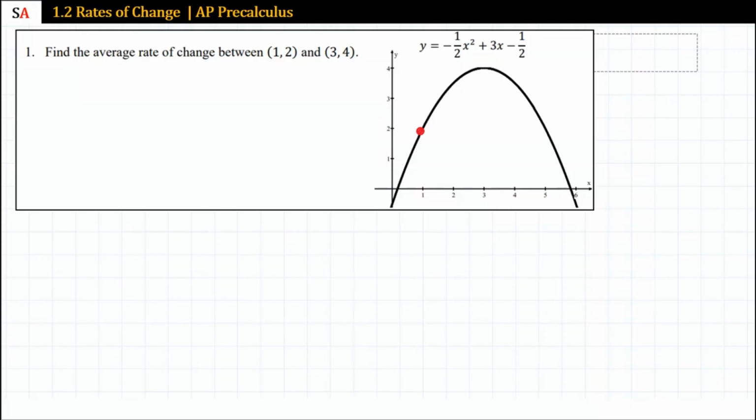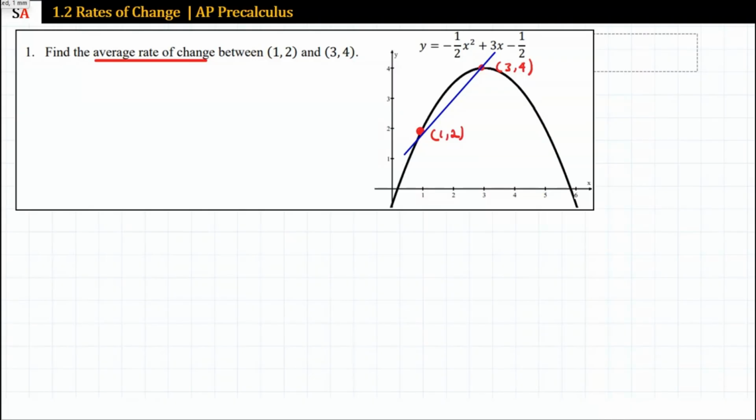At 3 we have approximately this point, 4. So this is (1, 2) and this one is (3, 4). The average rate of change is just the slope of the secant line passing through (1, 2) and (3, 4).